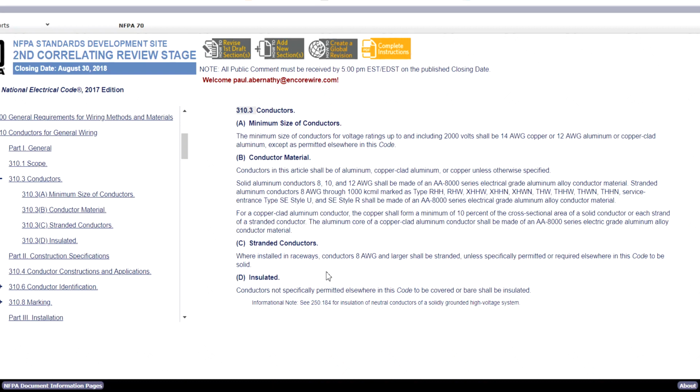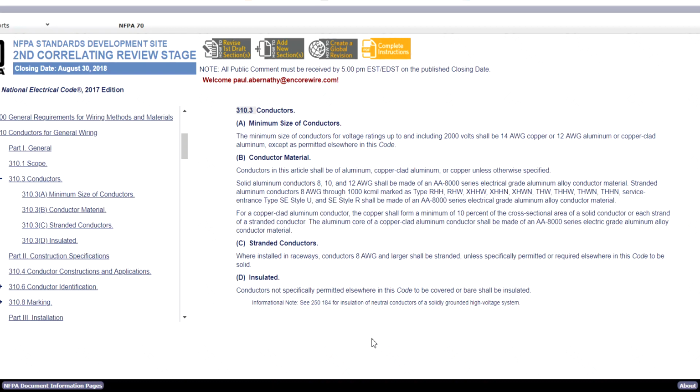Insulated. D, lastly, says conductors not specifically permitted elsewhere in this code to be covered or bare shall be insulated. Well, we have equipment grounding conductors that are allowed to be covered, bare, or insulated, and that would be in 250.118, which gives you these allowances.